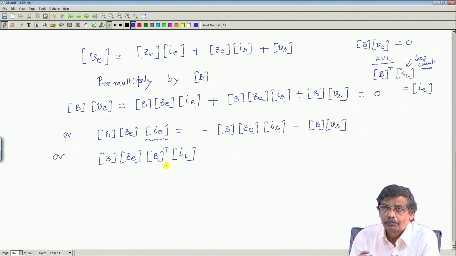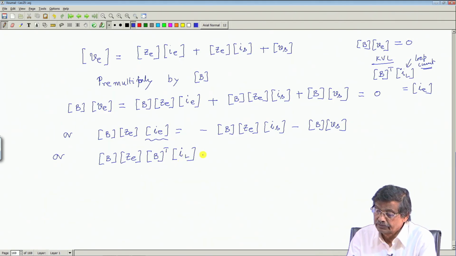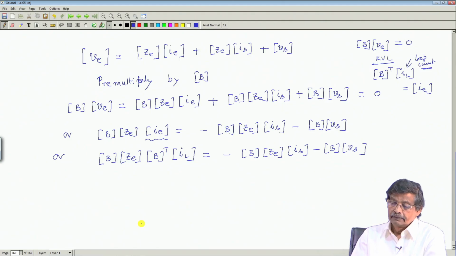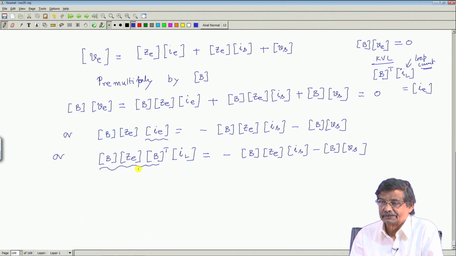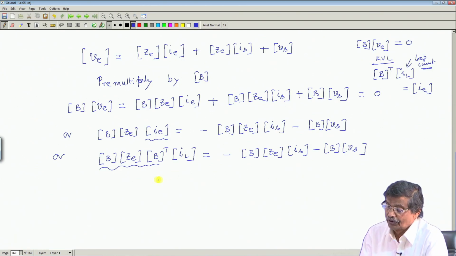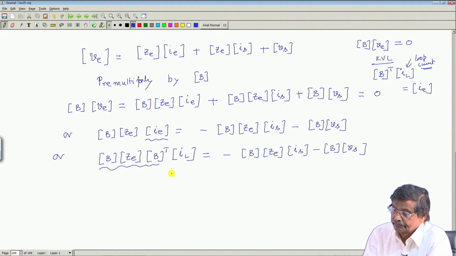About these fundamental loop currents, I know what it means. So, this is equal to minus B J D into I S minus B into V S. Now, this will be a square matrix, and this is sometimes called the loop impedance matrix.